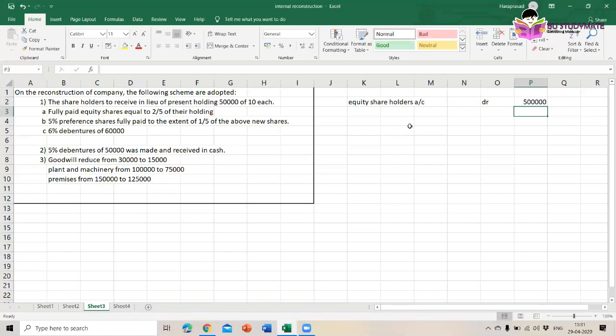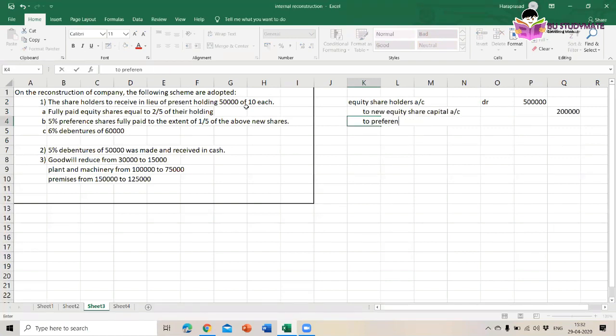Okay, then to fully paid preference capital account. How much? They told that 5% preference share fully paid to the extent of 1/5 of the above new shares. The new shares is 2 lakh rupees. For this 2 lakh, 1/5 is the preference share capital. So 2 lakh into 1 by 5. You get 40,000 rupees.